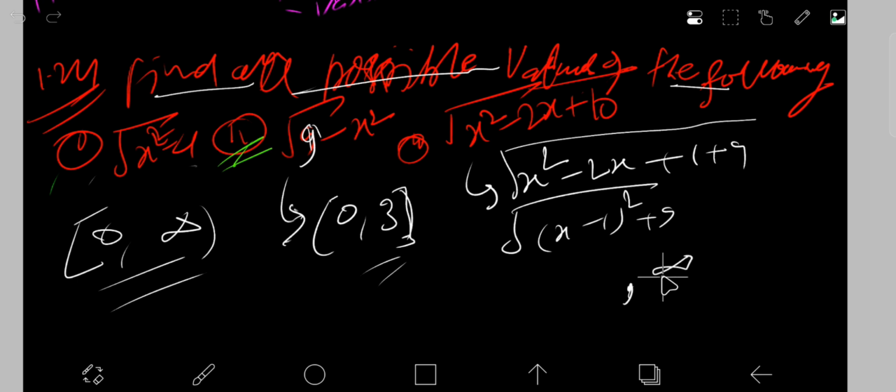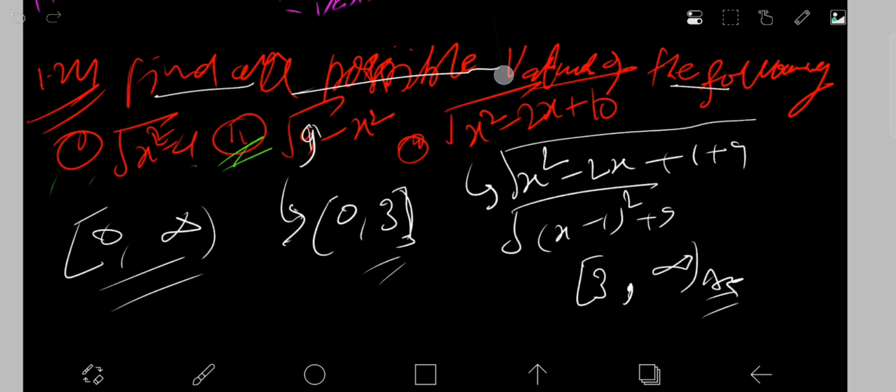What is the lowest value? This is always positive, so when this is 0, it gives the least value, which is the square root of 9, that is 3. So 3 to infinity is our solution. Okay, are you clear about these questions, yes or no?